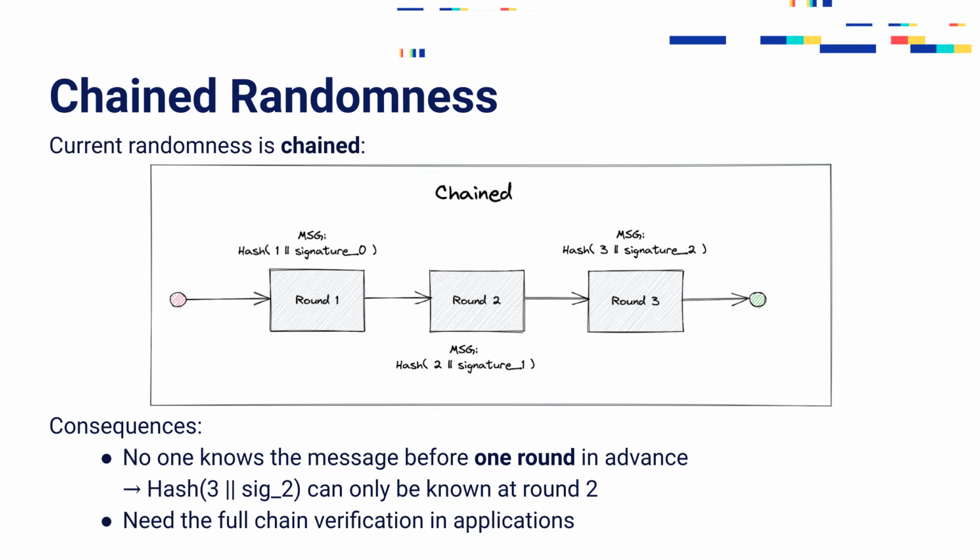But that being said, we're not a blockchain. Drand is not a blockchain because we don't have transactions, obviously, but also the only time where there is some sort of consensus happening is during the distributed key generation.